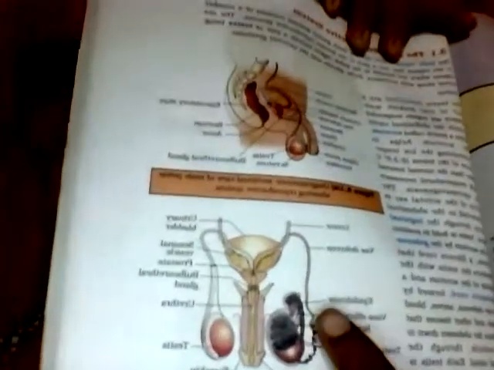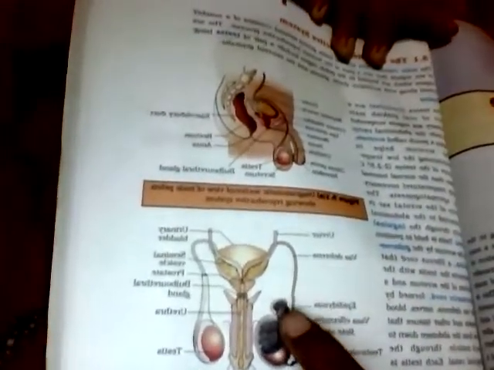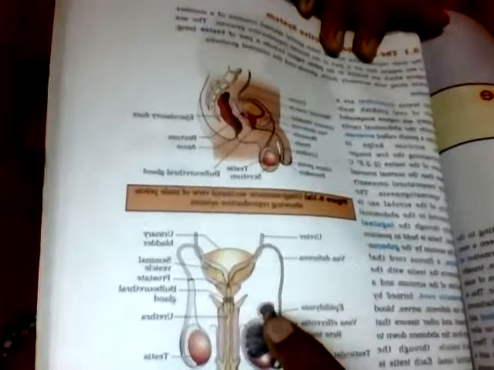The seminiferous tubules next enter into the vasa efferentia through the rete testis. You can observe the rete testis here.